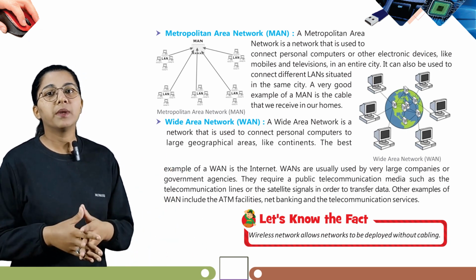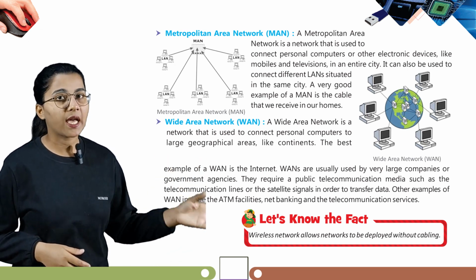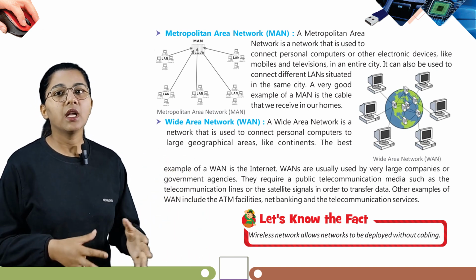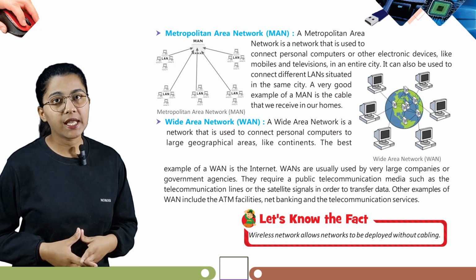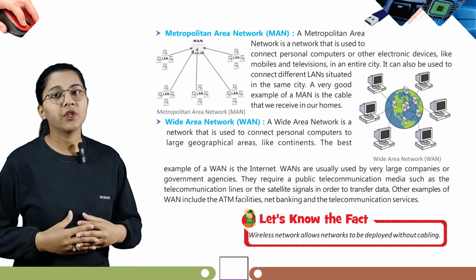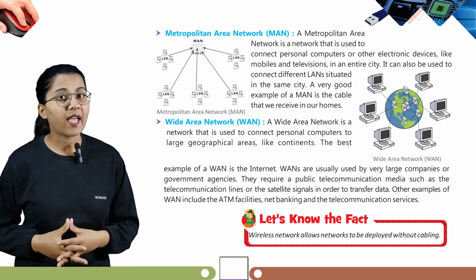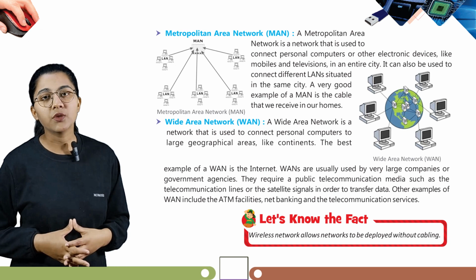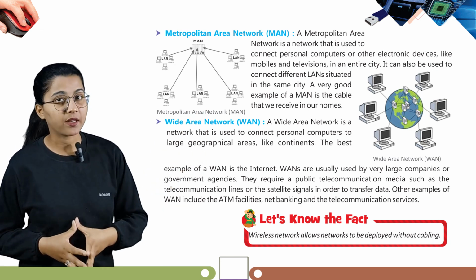They require a public telecommunication media such as telecommunication lines or satellite signals in order to transfer data. Other examples of WAN include the ATM facility, net banking and telecommunication services. So students, the best example of a WAN is ATM facilities and net banking. Now students, here you can see the picture of wide area network, that is WAN.